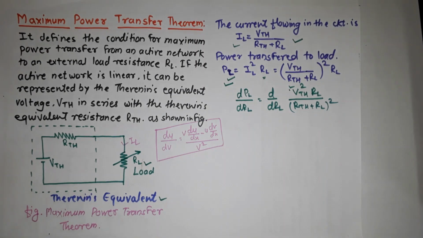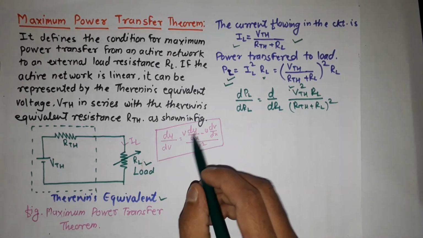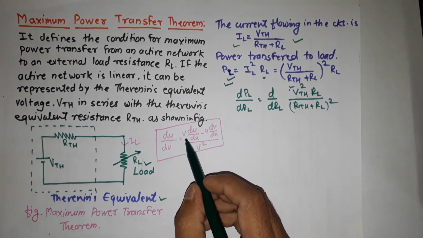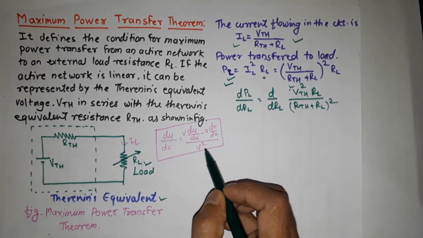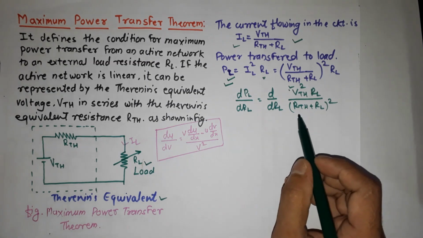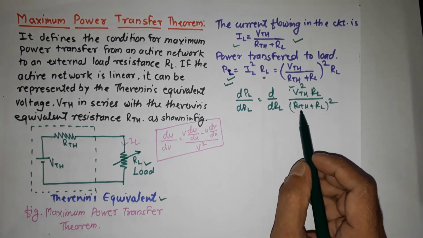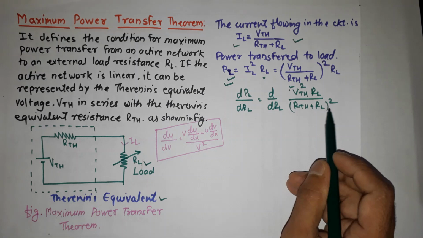Now we know the formula for differentiation, the U upon V rule. It is V du upon dx minus U dV upon dx, divided by V square. So here V is the denominator, RTH plus RL the whole square.